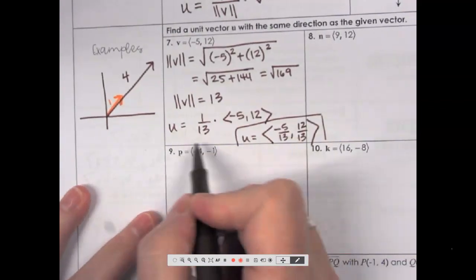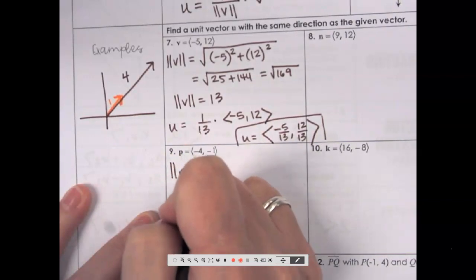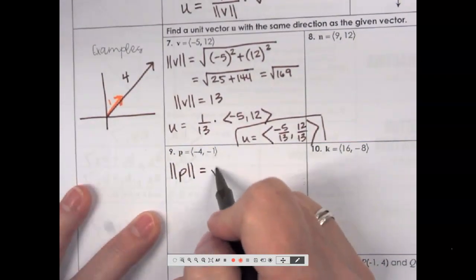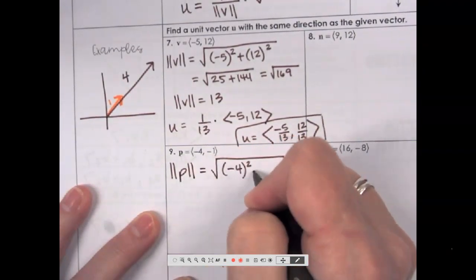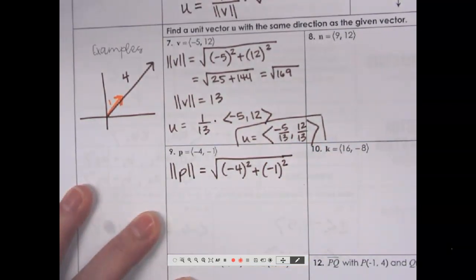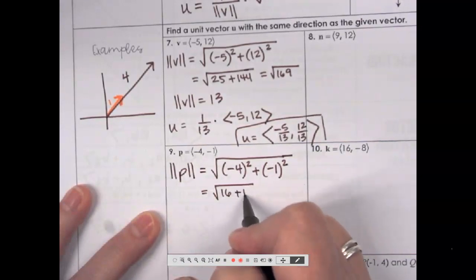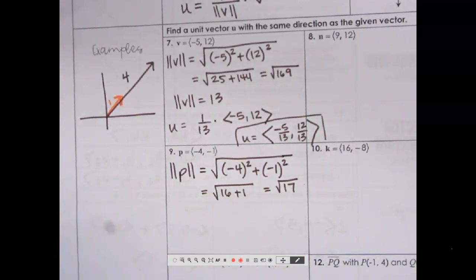All right, so here's the vector p. I'm going to find the magnitude, aka the length, of vector p. So square root of that first component squared plus the second component squared. And that is 16 plus 1, square root 17 for the magnitude.